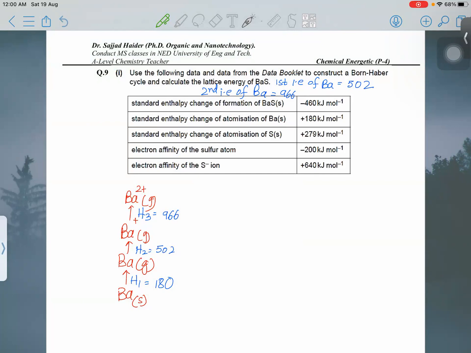Now the second element is sulfur, right? Sulfur is solid. Sir, we are not using S8 over here. No, because the molecular form is not given. You can see that the standard enthalpy change of atomization of S is given.